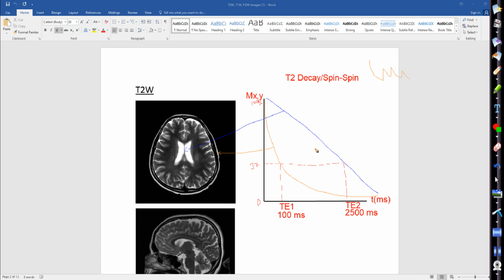So if I had to draw in my two other curves, and let's say white matter versus gray matter, which one do you think decays faster based on this image? White matter or gray matter decays faster? White matter. And why? Because it's darker.